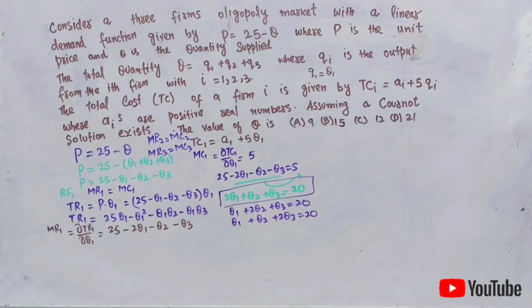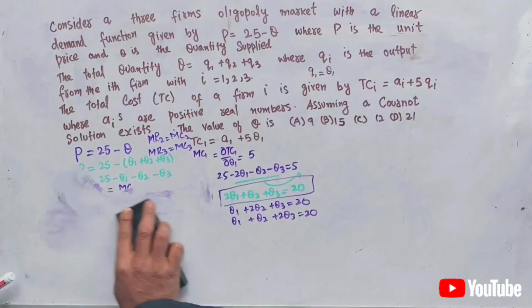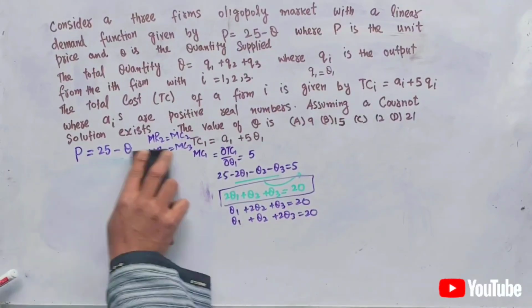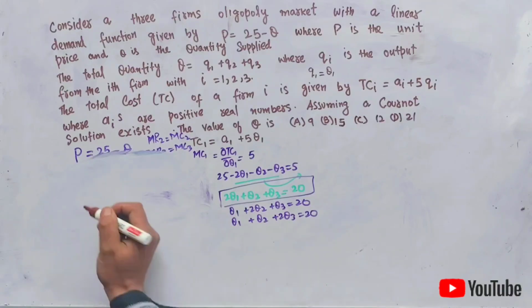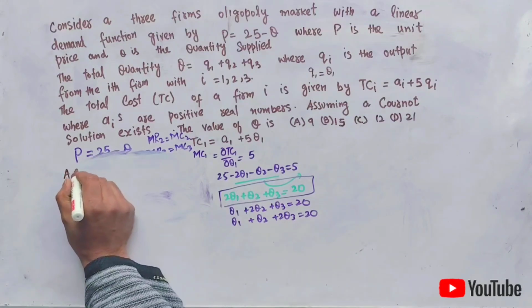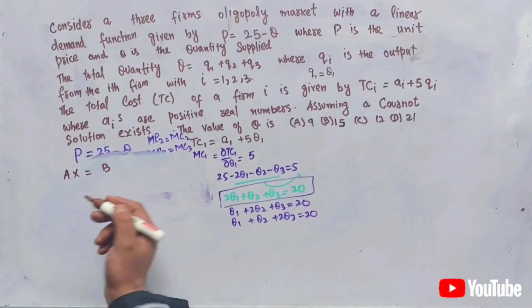Okay, so we have three equations with three variables and we need to solve this. Let me rub this out with heavy heart. So we need to write them into the matrix form. In matrix form, that is Ax is equal to B, where A is the coefficient matrix.